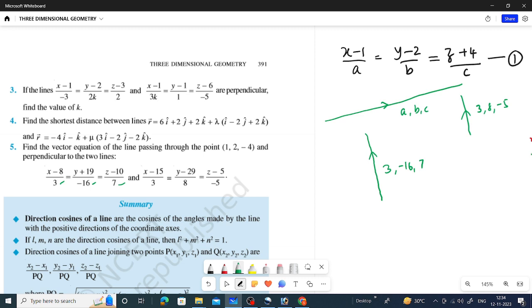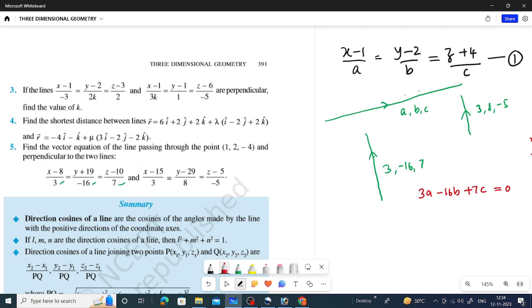So this is our line and these are the given lines, and this line and those are perpendicular. That means their direction ratios are given. So 3a - 16b + 7c = 0, they are perpendicular, using the result in the previous problem.